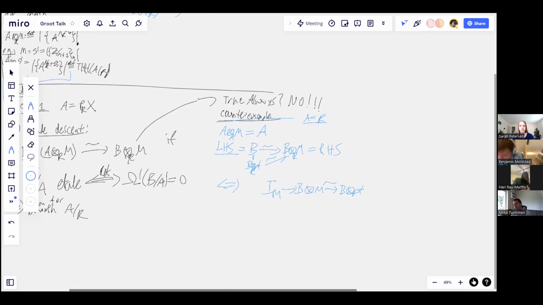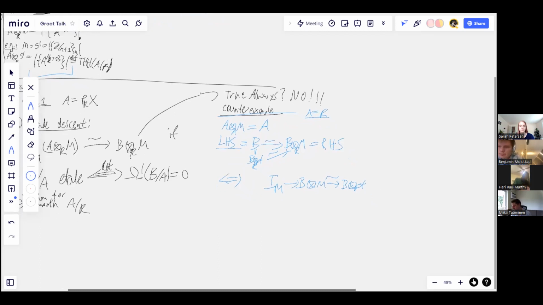Now, for you folks that do Goodwillie calculus, it turns out that I_M mod I_M squared is a linear functor in M. So this is M smash differential one.